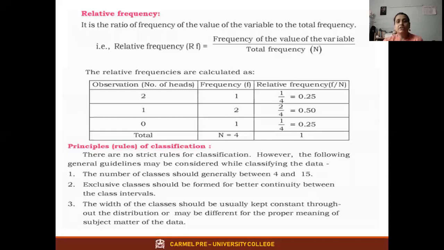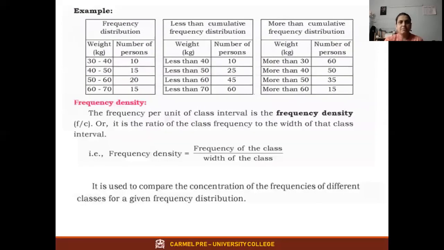Next, the width of the class should be constant, like this. In this example, you see the frequency distribution. It is an exclusive type of class interval: 30 to 40, 40 to 50, 50 to 60, 60 to 70. Because there's continuity, 40 and again 40, 50 and 50, it's repeating, isn't it?